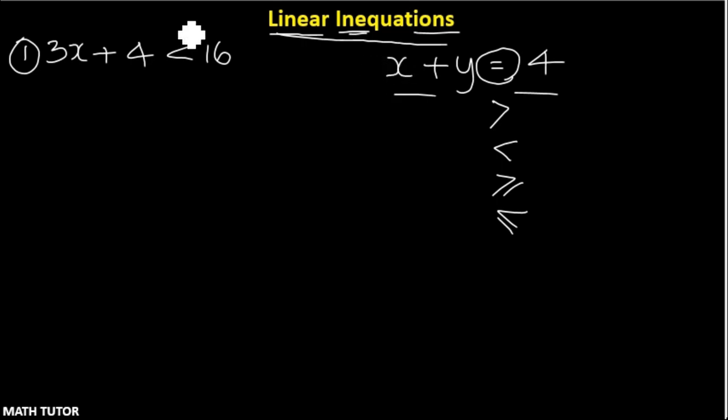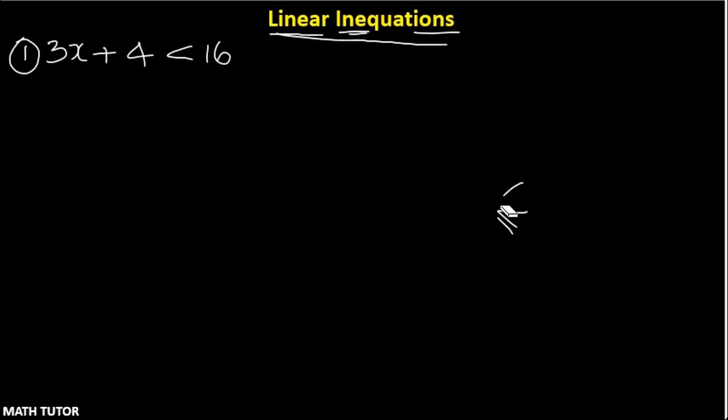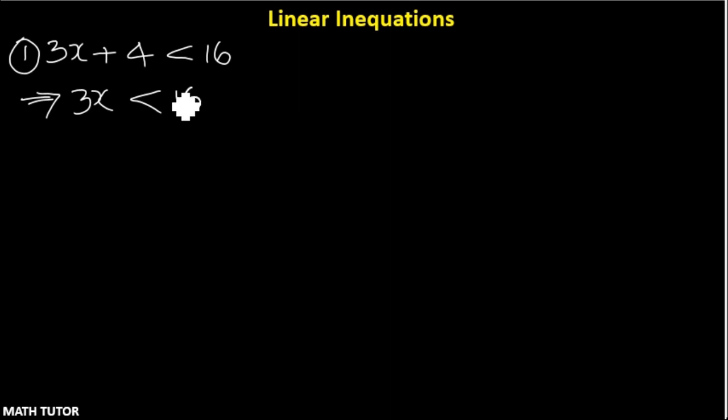Okay, now we have a problem here: 3x plus 4 less than 16. So how are we going to solve this inequation? We can solve it like this: 3x less than 16, and this 4 I am going to shift to the right side of the equation. It becomes 16 minus 4.